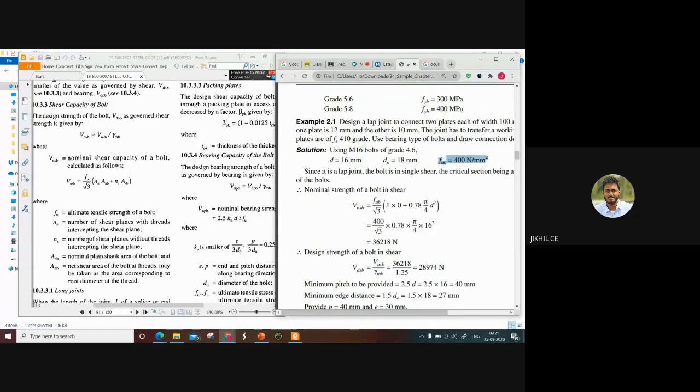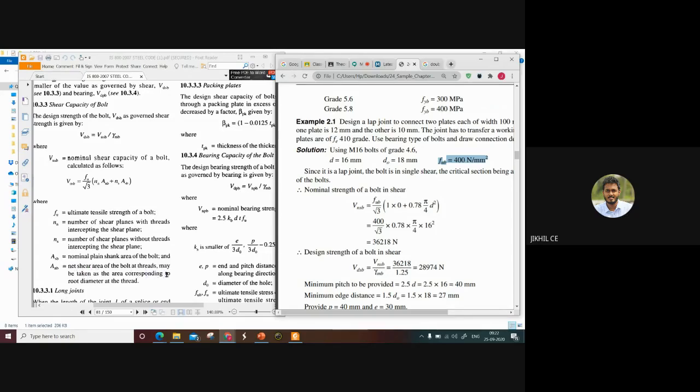And NS is the number of shear planes without threads intercepting the shear plane. ASB is the nominal plain shank area of the bolt, and ANB is the net shear area of the bolt at threads.